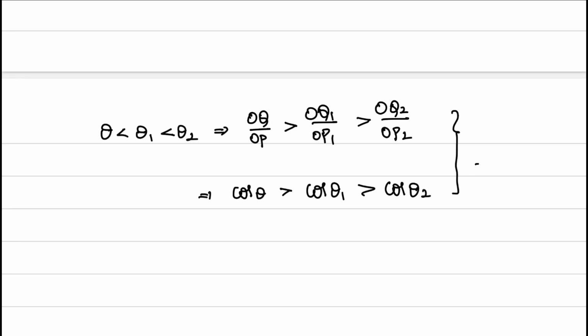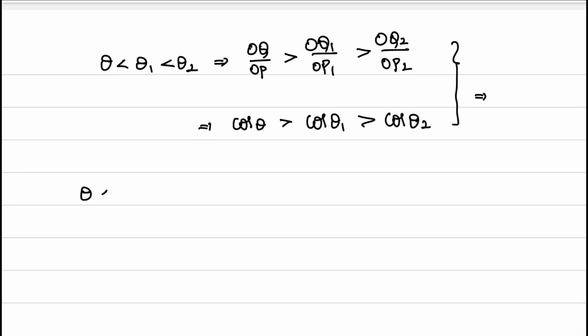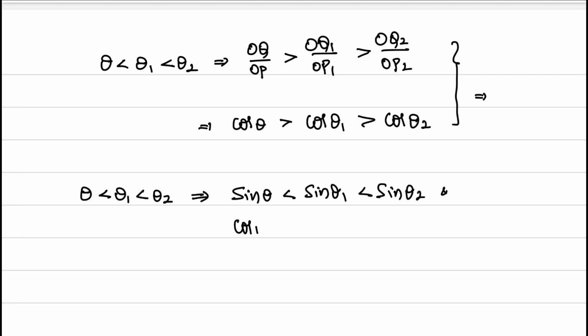That means when theta is less than theta 1 is less than theta 2, it implies sin theta is less than sin theta 1 is less than sin theta 2, and cos theta is greater than cos theta 1 is greater than cos theta 2.